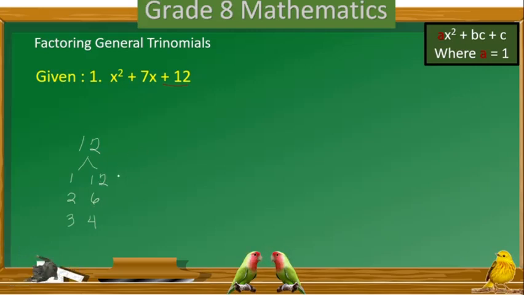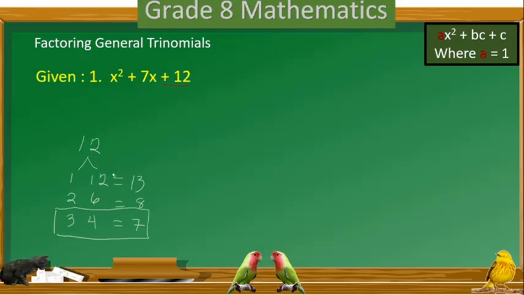This one is 13, this one is 8, and this one is 7. As you can see, this 7 is equal to the middle term. So we will use this combination, positive 3 and positive 4.